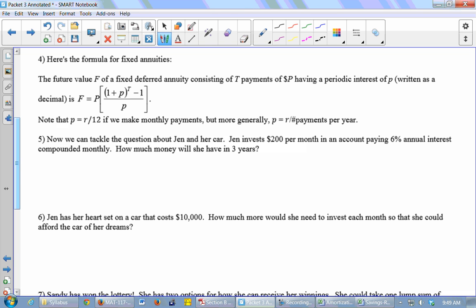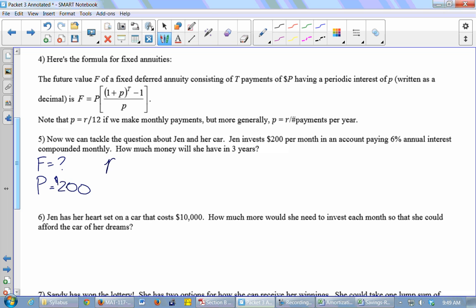All right, so now we can tackle this question about Jen and her car. Jen invests $200 a month in an account paying 6% annual interest compounded monthly. How much will she have in 3 years? So we're going to use this formula. F is what we're looking for, right? Capital P is $200. Those are her monthly payments into this account.